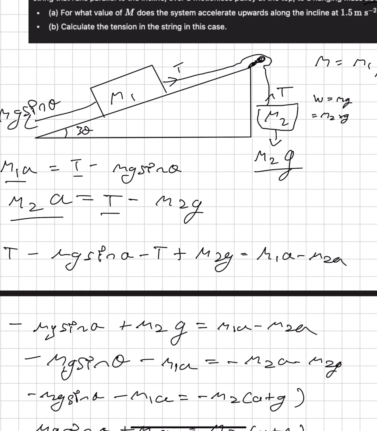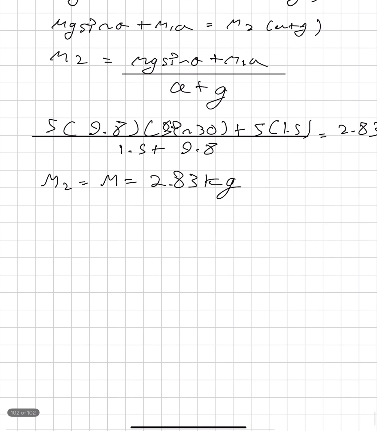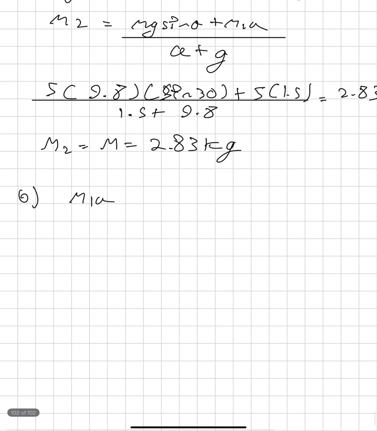Similarly, the next question asks, calculate the tension in the string. So since the string is the same, I'll just highlight it. This is the string, and since the string is the same, the tension across it will be the same too. So to solve this, we're going to use our first equation, which is m1a equals T minus m1g sin theta. You could use the other one too, both of them work. So we can write T is equal to m1a plus m1g sin theta.